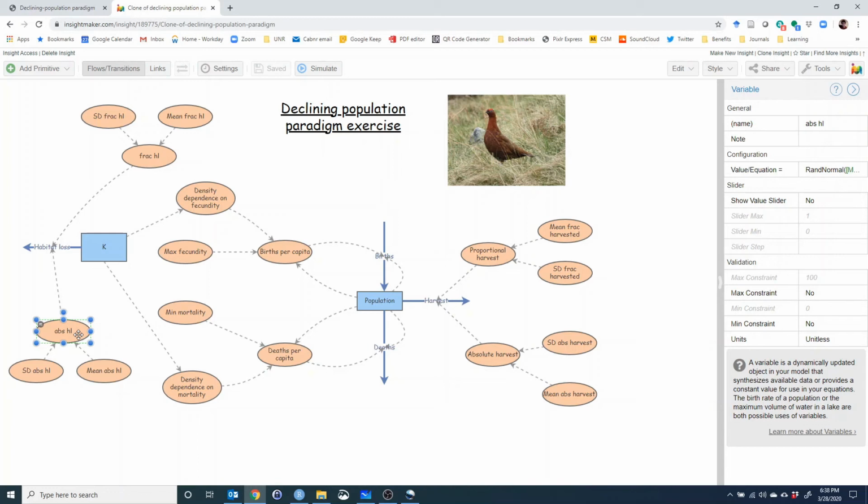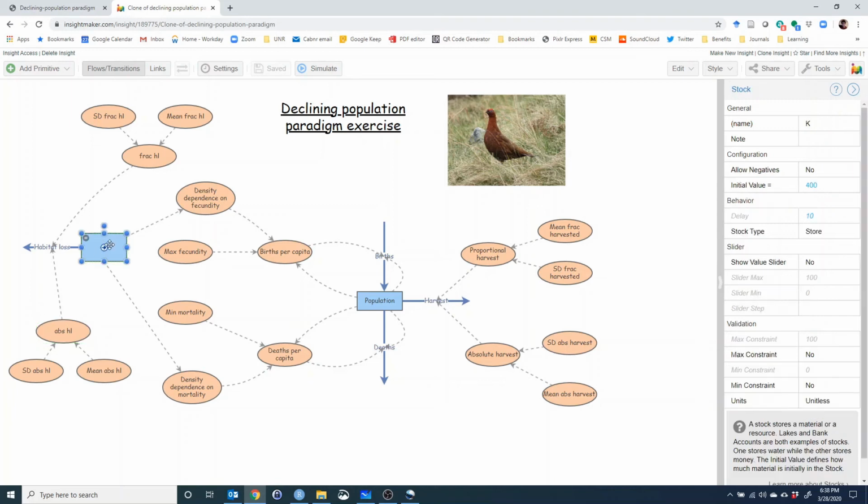So, maybe a loss of 2 or 5 per year. And remember, carrying capacity is in units of individuals that can be supported by the habitat sustainably. So it could be 100 one year, then 98 the next year, and 96 the next year, in kind of a linear way. The habitat loss is causing this linear change in carrying capacity.